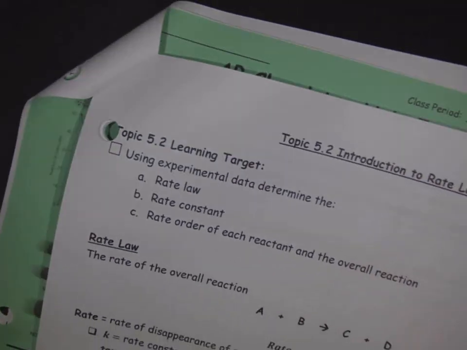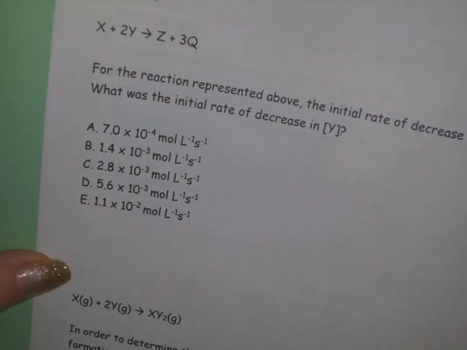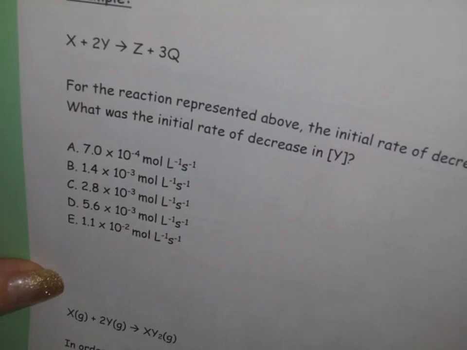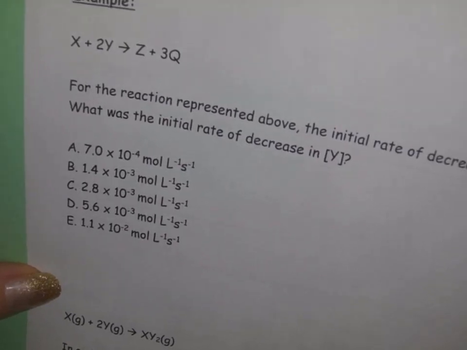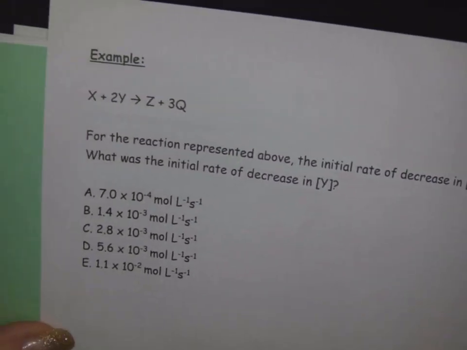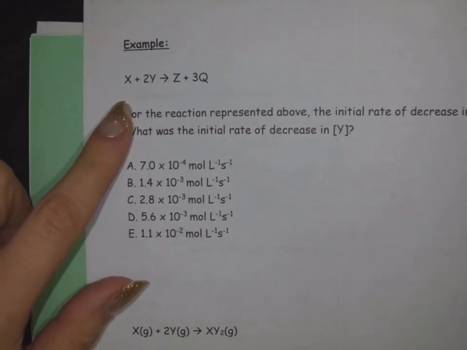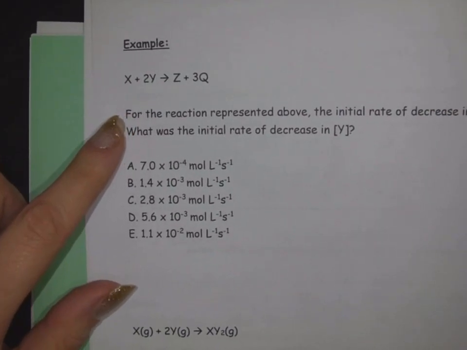Okay. We have these example problems here, and actually, I think I want to do one of these with you, and I think that's where we're going to wrap up this video. So, we have this reaction here, where X plus 2Y equals Z plus 3Q.